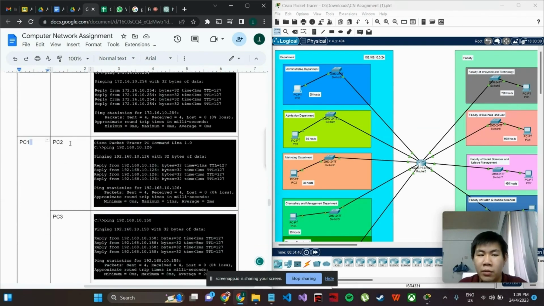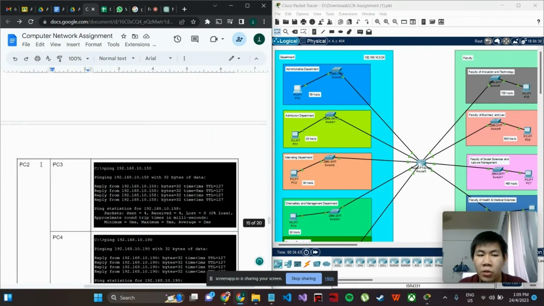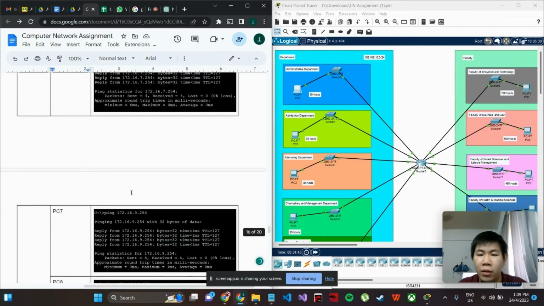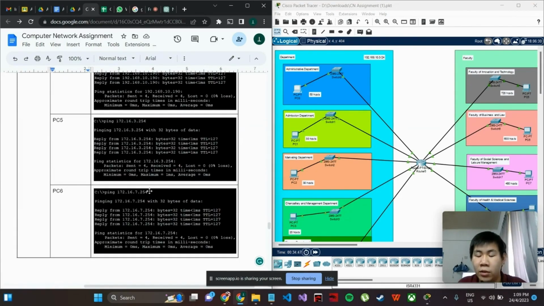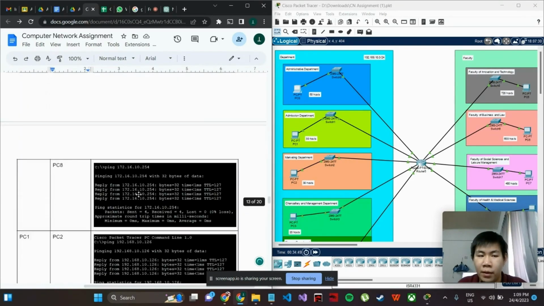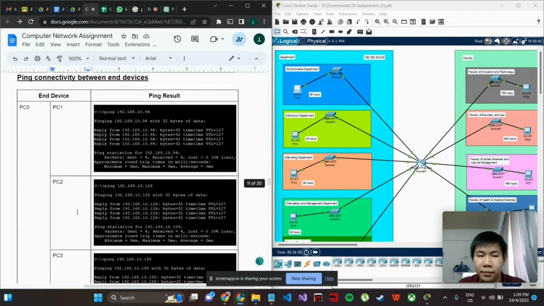Then for PC1 we start with PC2 until 8. PC2 we start with PC3 until 8. That means for the same connectivity like PC0 to PC1, if we succeed in pinging it, we do not need to test PC1 to PC0 again, because it is tested and it will repeat the same result.